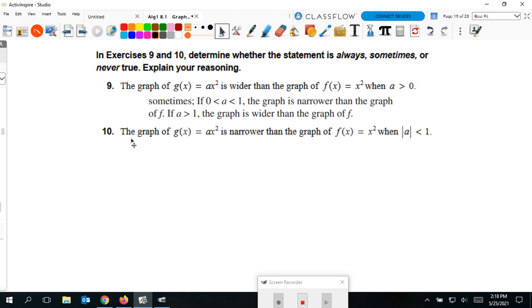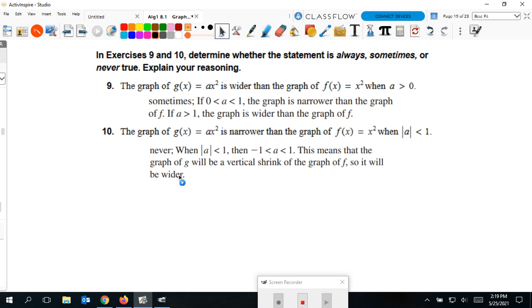This one, number 10, same kind of question: the graph of g is narrower than the parent function when the absolute value of a, which would be actually just the number, is less than 1. So when the absolute value of a is less than 1, that means it's between 0 and 1, like in the one penny to 99 cents area, and that's going to be wider, not narrower.